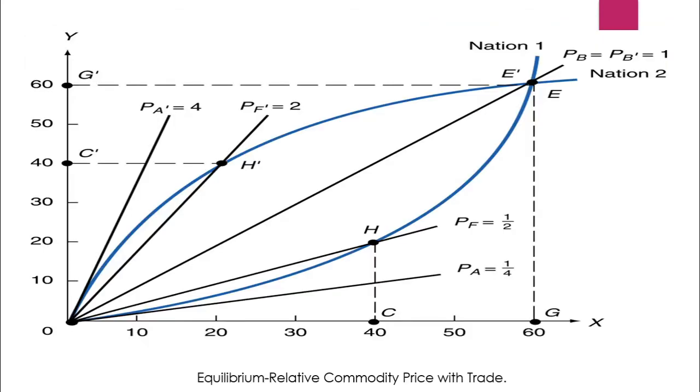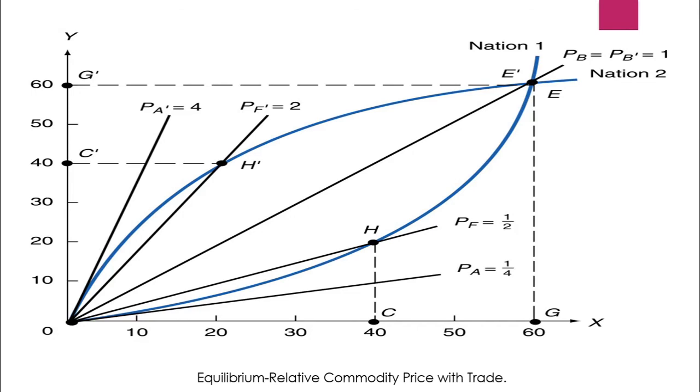So in the same diagram, we are drawing nation 1's offer curve as well as nation 2's offer curve, and we can see that these 2 offer curves intersect with each other at point E is equal to E dash, and this is the equilibrium situation. The quantity of commodity X that nation 1 is willing to export is exactly equal to the quantity of commodity Y that nation 2 is willing to import. So this is the equilibrium situation.